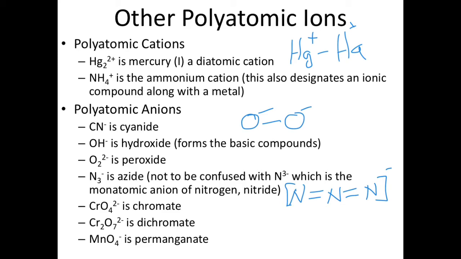Then we have 3 polyatomic oxoanions that have metals as their central atom. Chromate is CrO4 2-. Dichromate, Cr2O7 2-. This molecule has 2 chromium centers, and MnO4- is permanganate.